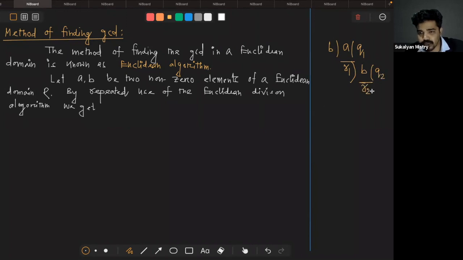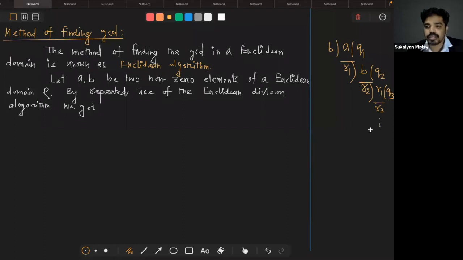If r2 is equal to 0, তাহলে কি হবে, r1 will be the GCD, and if r2 not equal to 0, আমি কি করব, r2 দিয়ে r1 কে ডিভাইড করব. Suppose q3 is the quotient and r3 is the remainder.